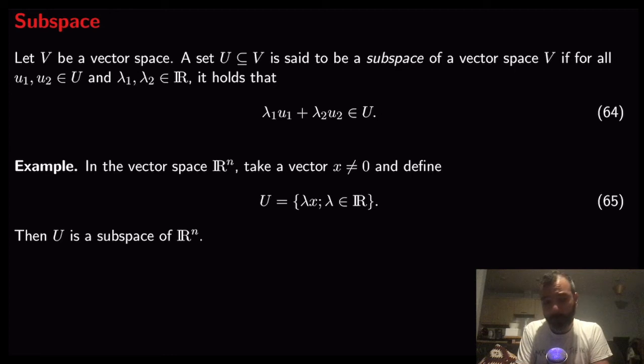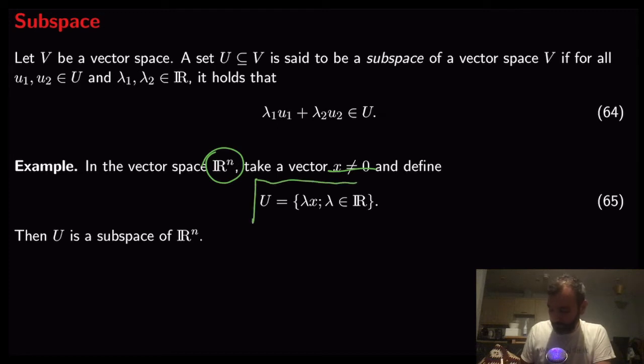I'll give you an example, a very simple example. In Rn, take a vector x, take it just not to be 0, and define this set U, which is the set of lambda times x, where lambda is a number.